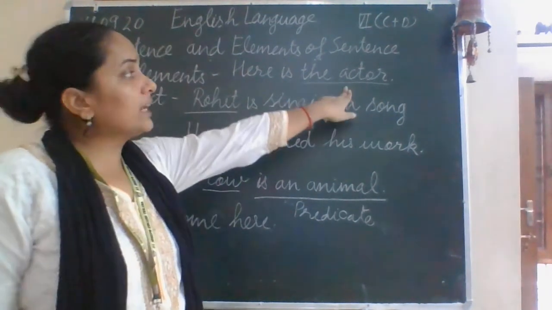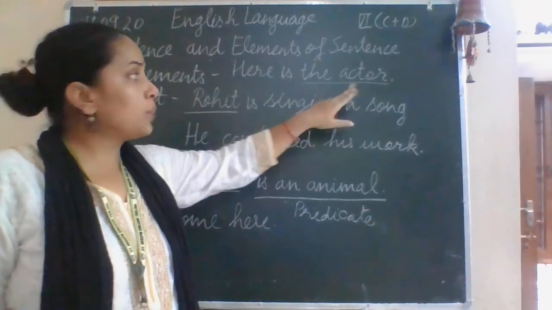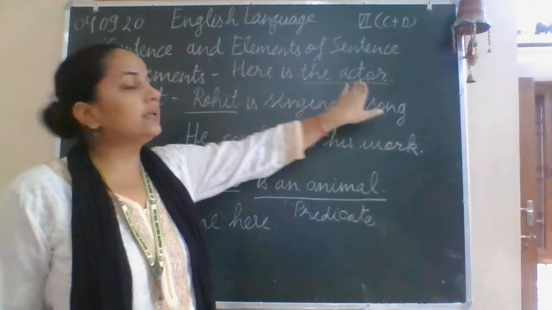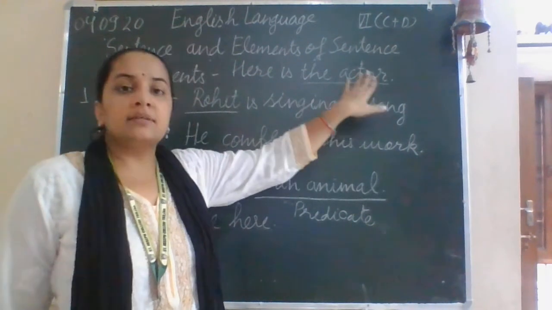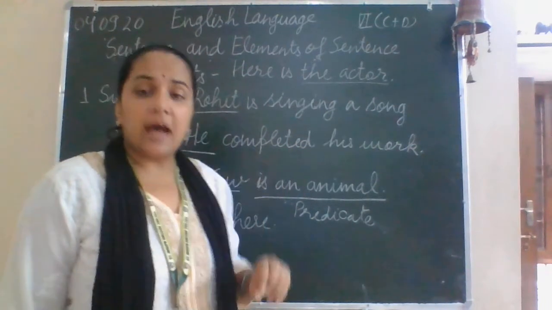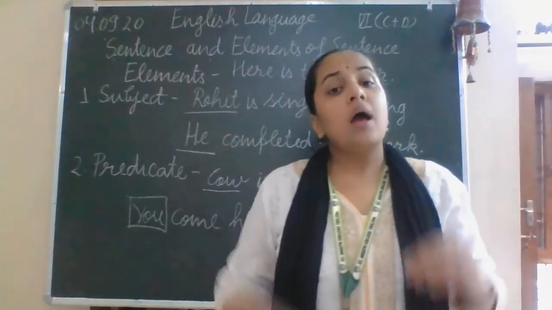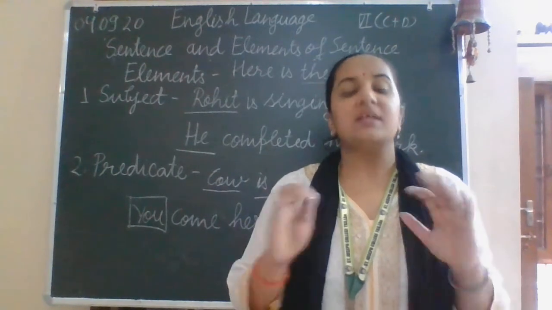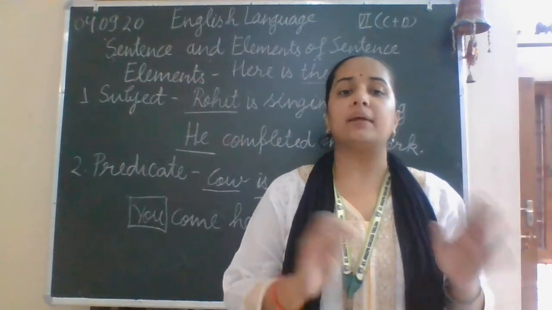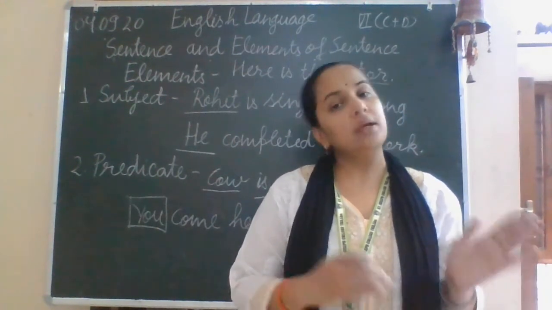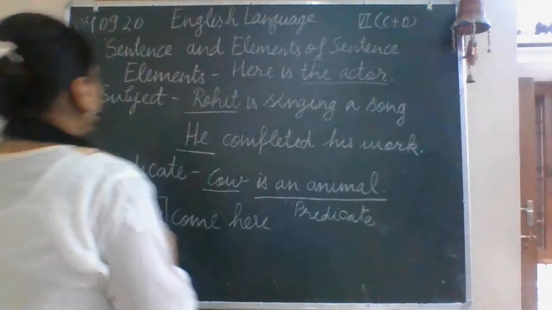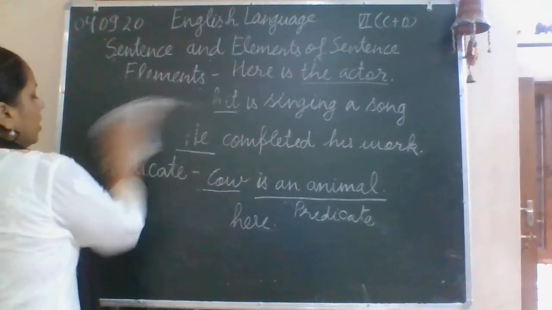So here we are talking about this actor. That's why this actor is the subject of the sentence, although it comes after the predicate. The sentence here is not starting with the subject, but it happens in very rare cases. In most of the cases, your sentence will start with the subject only, and after that comes the predicate. Now, the third element of the sentence is the object.